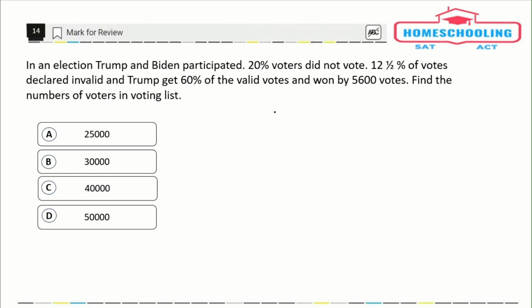Let's take total votes as 100%. So 20% didn't vote, so minus 20%. So voters who voted would be 100 minus 20%, that would be 80%.